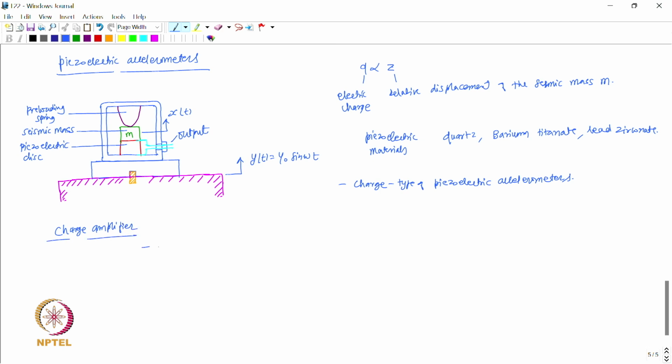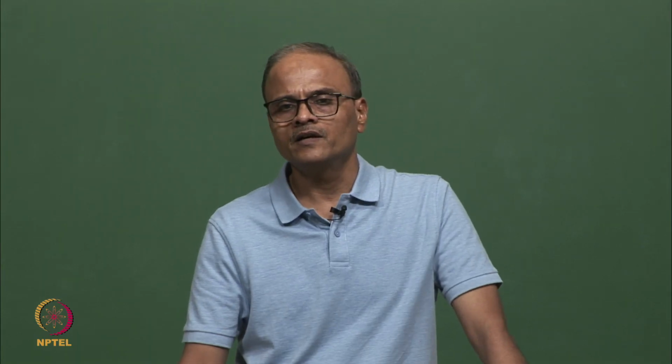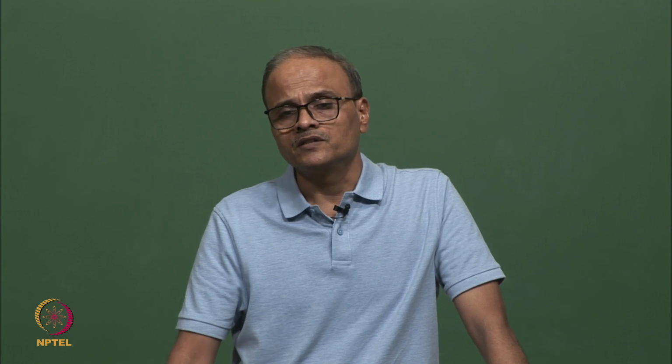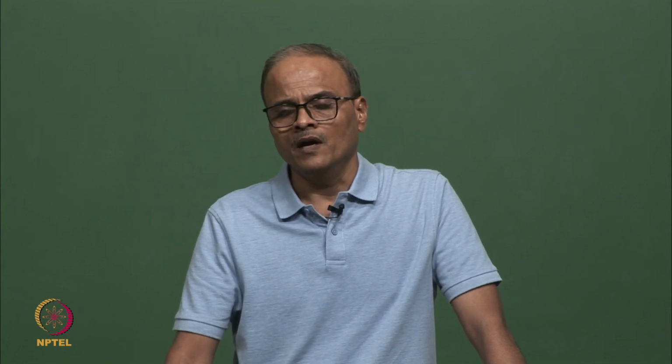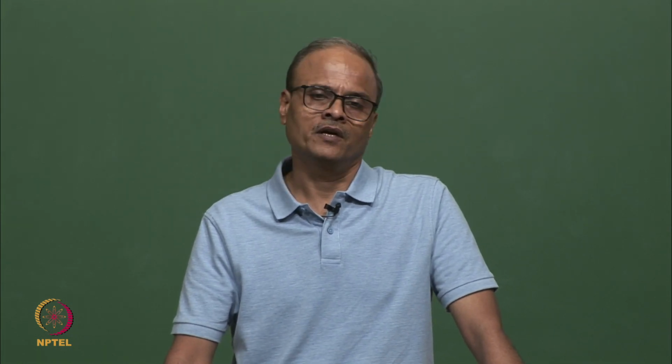The charge output of a piezoelectric accelerometer is a high impedance signal, and therefore, if we directly connect it to any voltage measuring device, the signal will be severely loaded and the measurement we get will not be accurate.